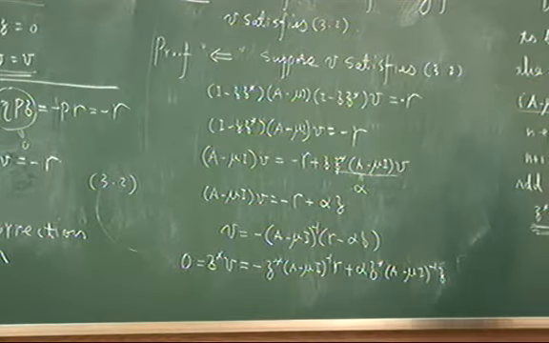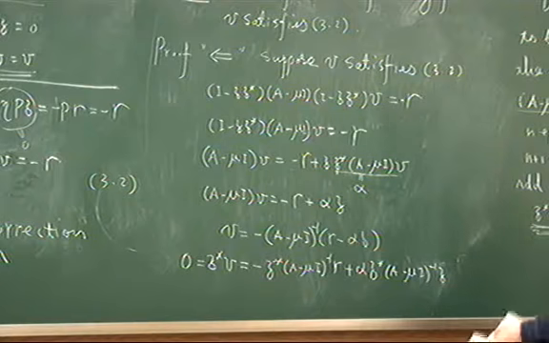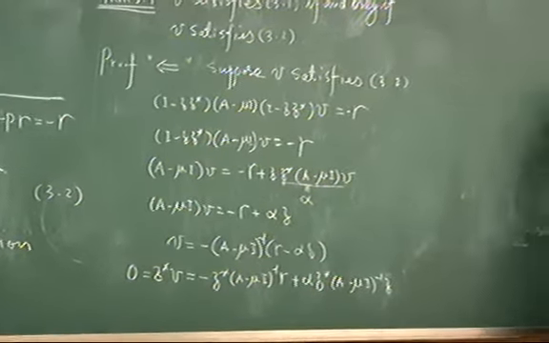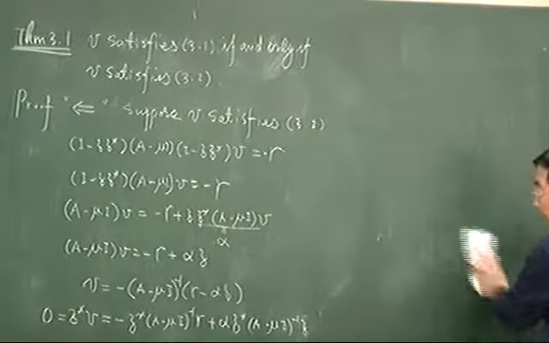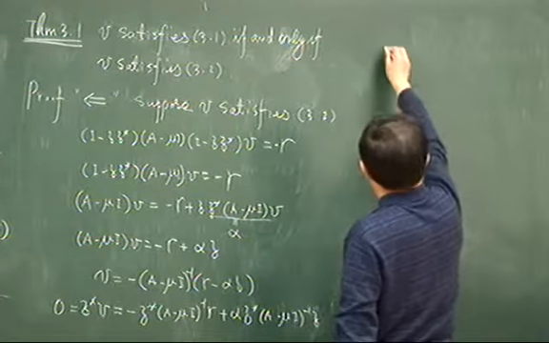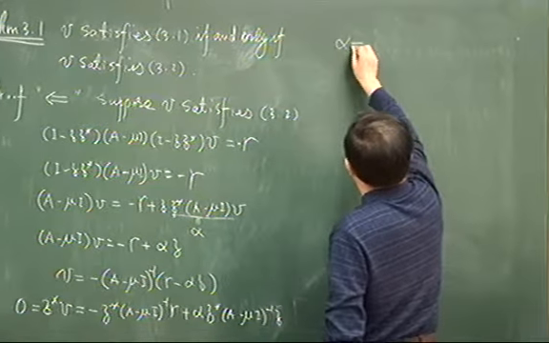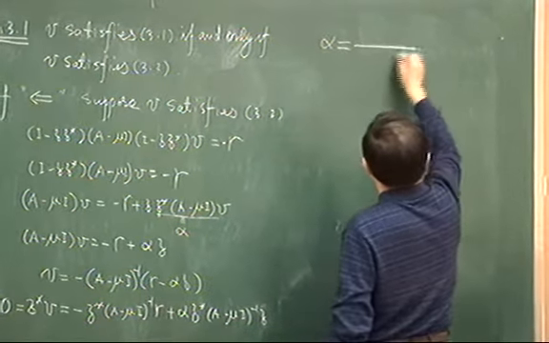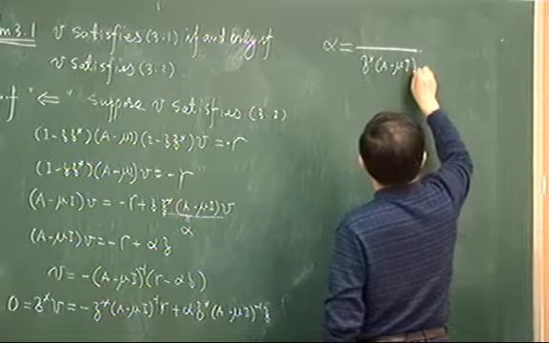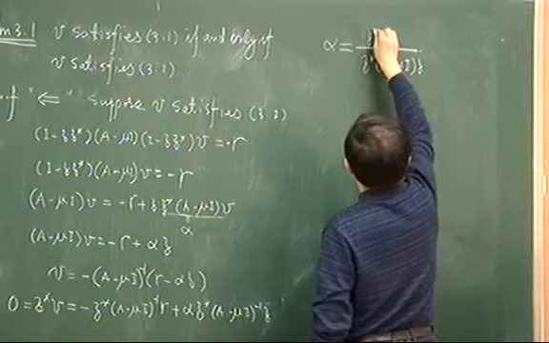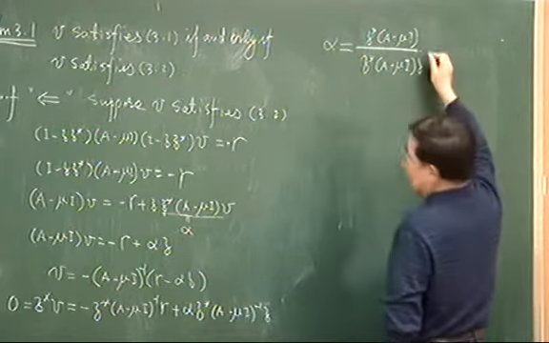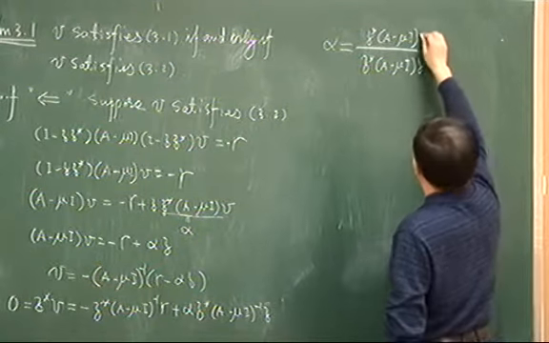From here we get alpha just equal to this, z*(A − μI) inverse R over z*(A − μI) inverse z.